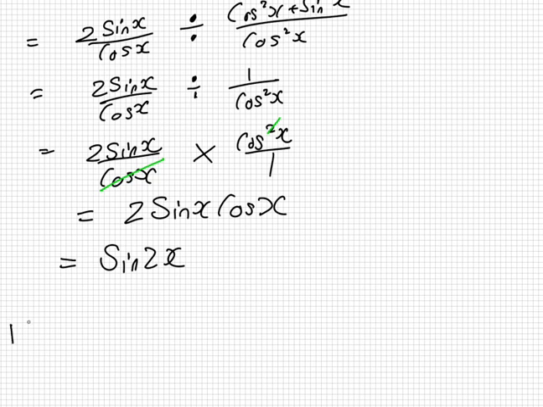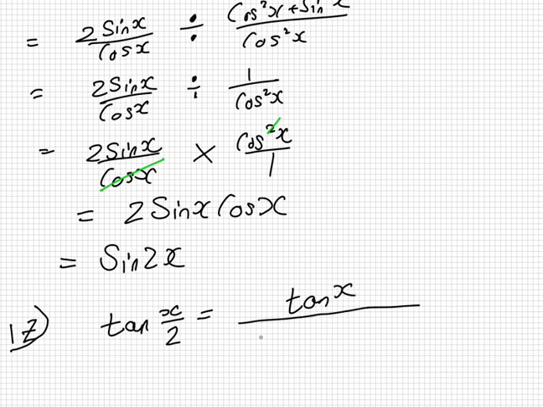So, let me give you a tricky one to try now. This is 1z, I want you to show that tan x over 2 is the same as tan x over 1 plus square root 1 plus tan squared x. So try this one for me.